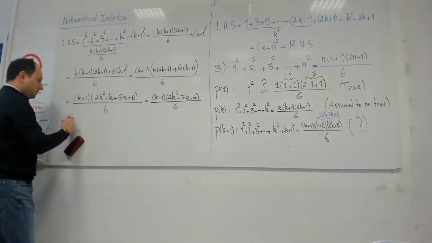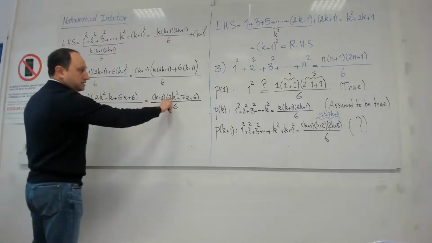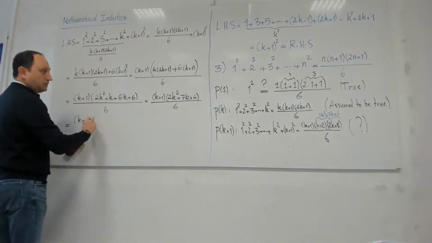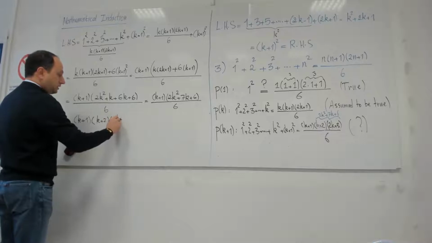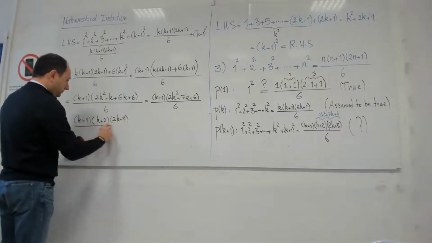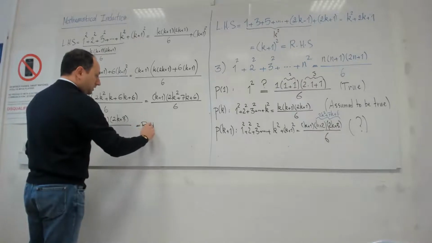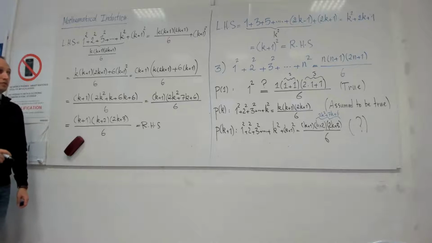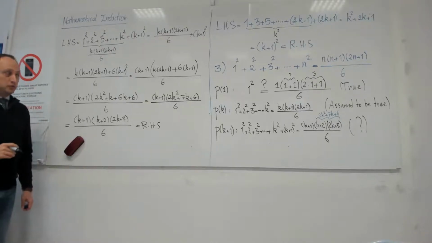So then it means that, yes, I double check that one. I am not cheating. I realize that that expression is exactly that expression. So this becomes k plus 2, and then I have 2k plus 3 divided by 6. And that's exactly the right-hand side. So that's also a proof for this formula.